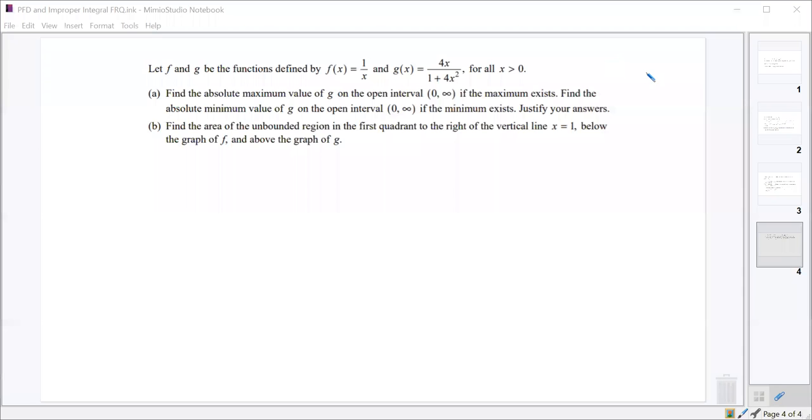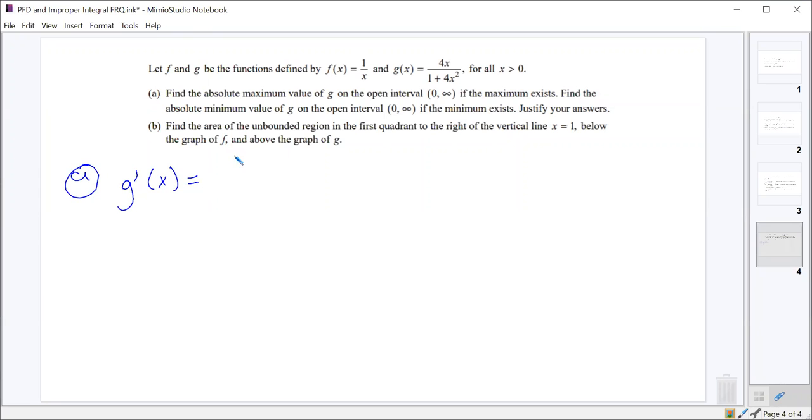Ready to go. So part A just wants us to find an absolute max and an absolute min on the interval from 0 to infinity, non-inclusive, if they exist, and to justify our answers. So that should be pretty straightforward. We just got to find g prime of x to start with. Finding g prime of x means we got to use the quotient rule.